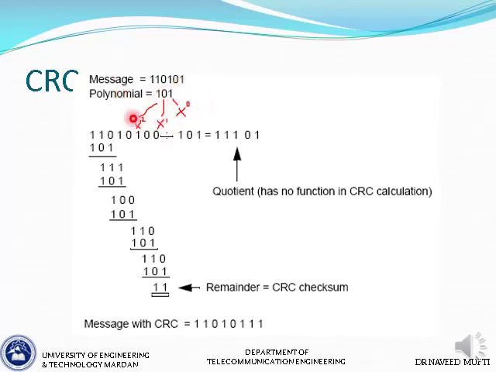It is called a polynomial because it can be expressed as an equation. So basically this can be represented as x square plus 1, because the coefficient of the middle term x power 1 is 0.